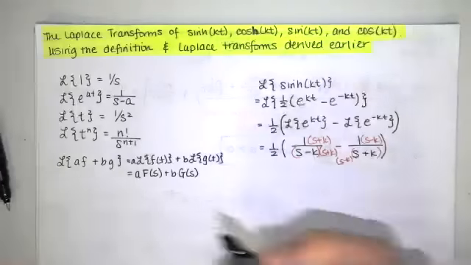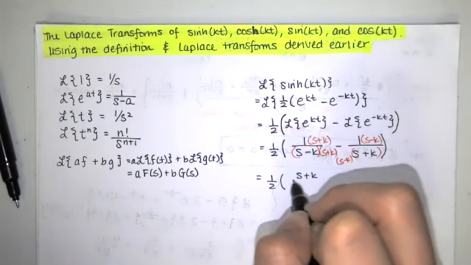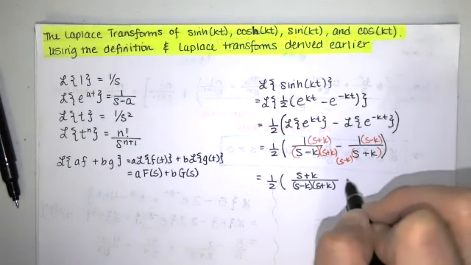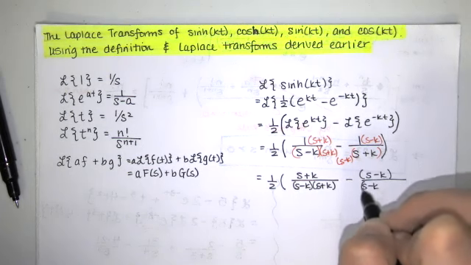So I didn't really leave myself much space, did I? But this is 1/2 of s plus k over s minus k times s plus k, minus s minus k over s minus k times s plus k.